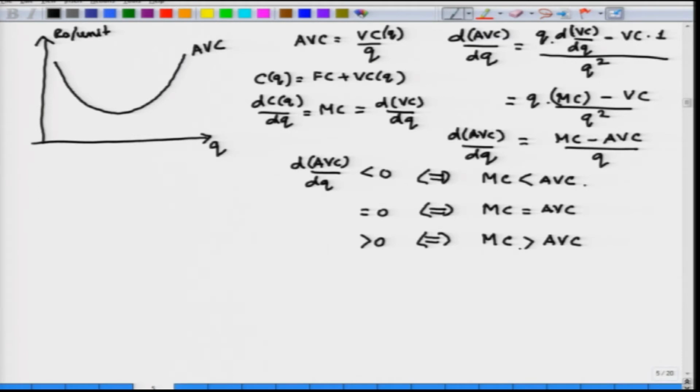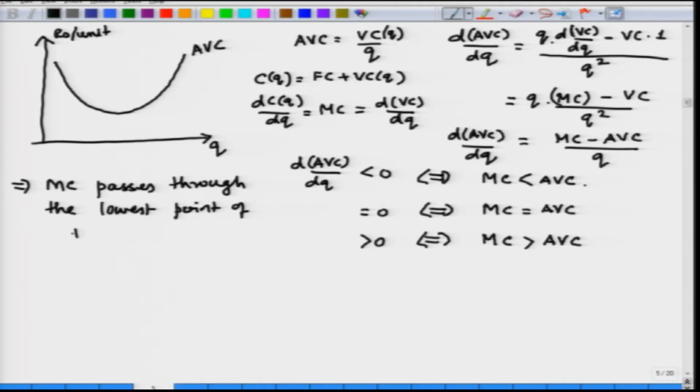My marginal cost is above the average variable cost when the average variable cost is increasing, and my marginal cost is exactly equal to the AVC when AVC is at its lowest point, which essentially means that the marginal cost passes through the lowest point of the average variable cost and analogously the average cost curve.